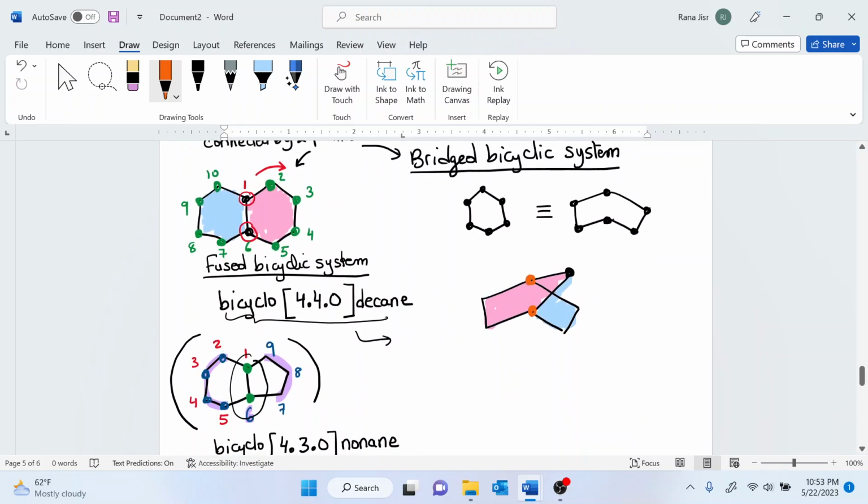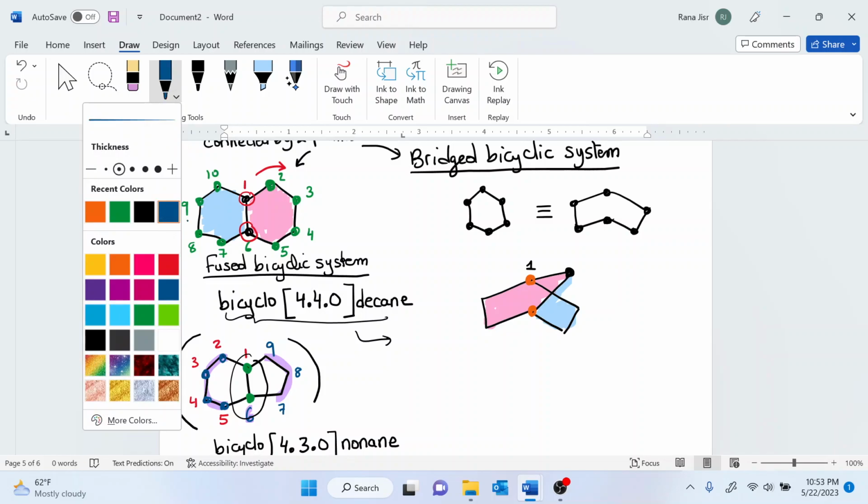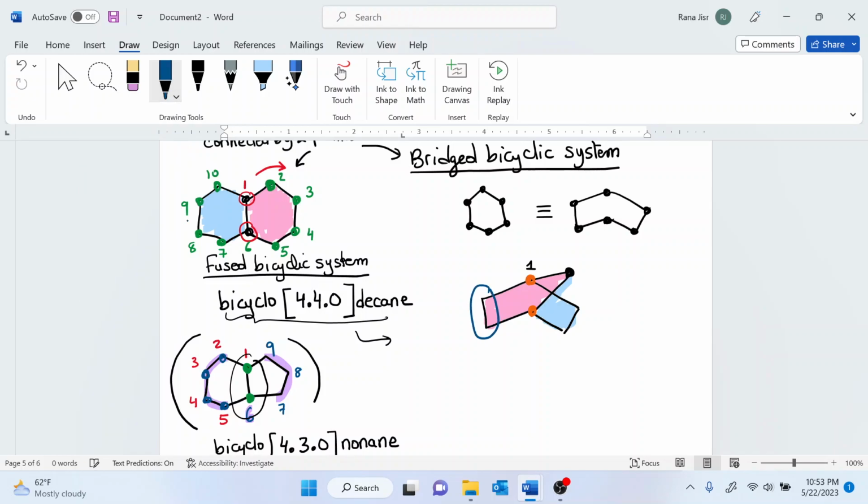So to name a bridged bicyclic system, the first thing that you would need to do is start numbering again from the point of connection and move along the side that has more carbons. So here I have 2 carbons on this side, and on this side here, I do have 2 carbons.